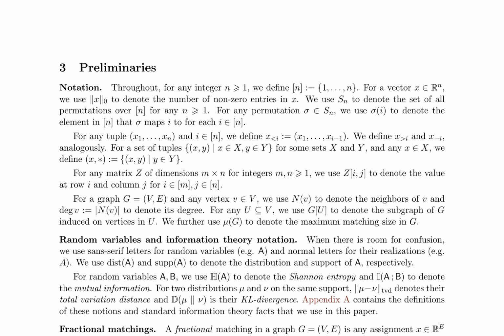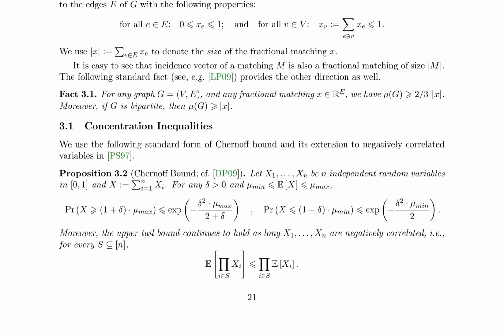We then explore the concept of a fractional matching in a graph, which is an assignment of values to the edges such that each vertex has a sum of values not exceeding 1. It is crucial to note that the incidence vector of a matching is also a fractional matching, and that the size of a fractional matching is always less than or equal to the maximum matching size in a graph.